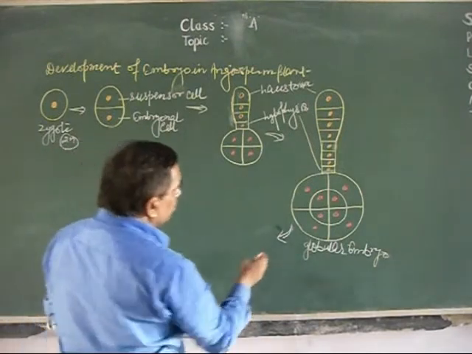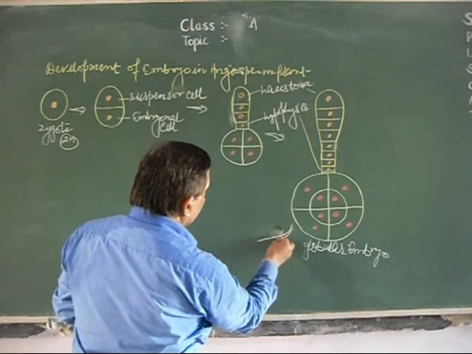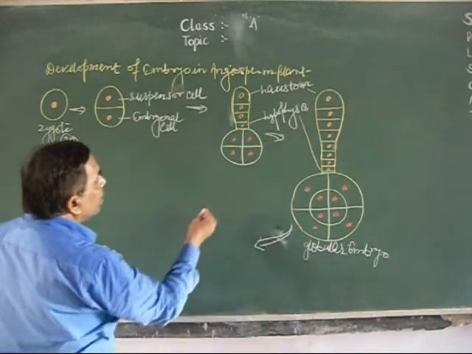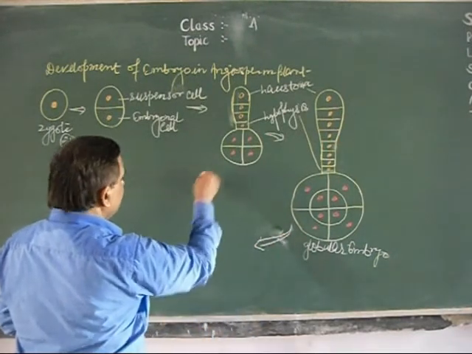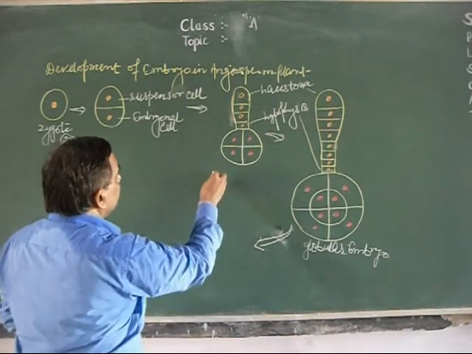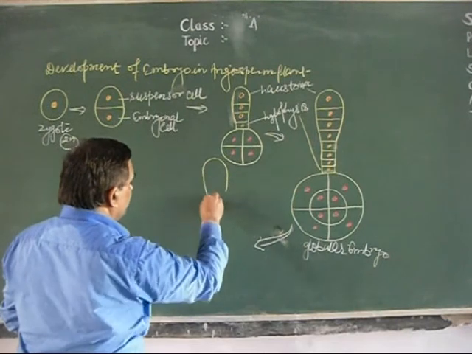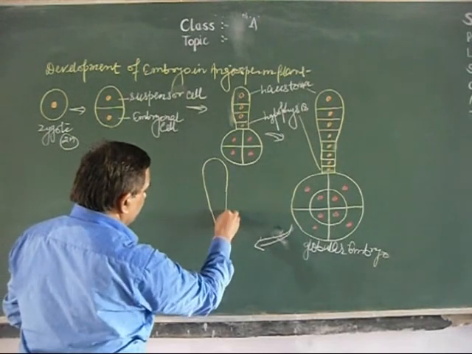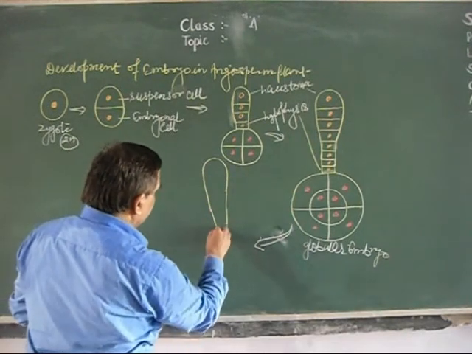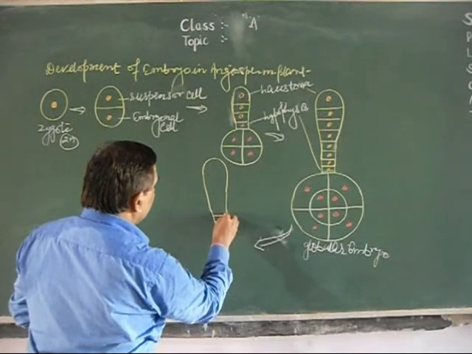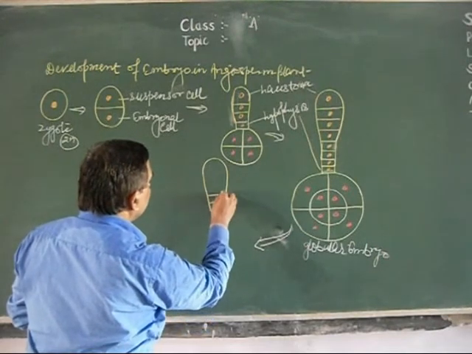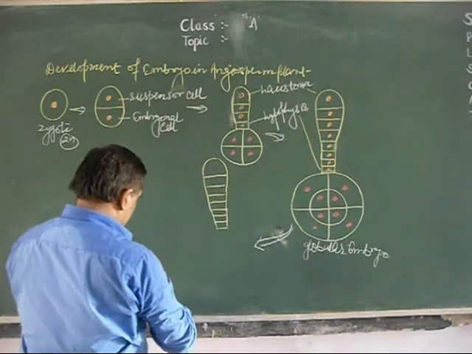In next step, it form heart-like embryo. One, two, three, four, five, six, seven, eight.